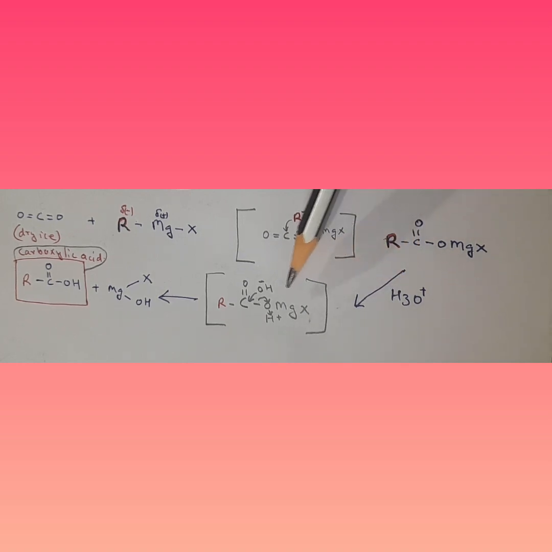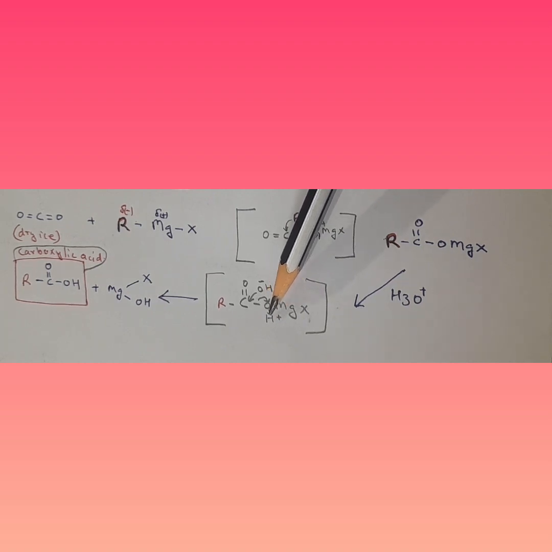On acid hydrolysis, again what happens? O minus, it is H plus hydrolysis, meaning breaking of water into OH minus and H plus. So OH minus does a nucleophilic attack on the carbon of carbonyl, and this shifts over to O minus, which attacks the H plus of water.